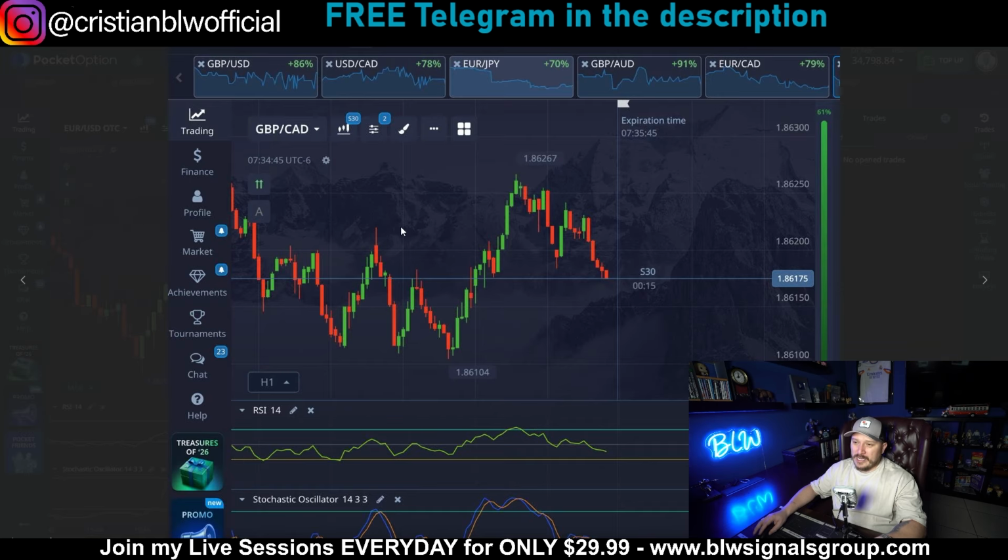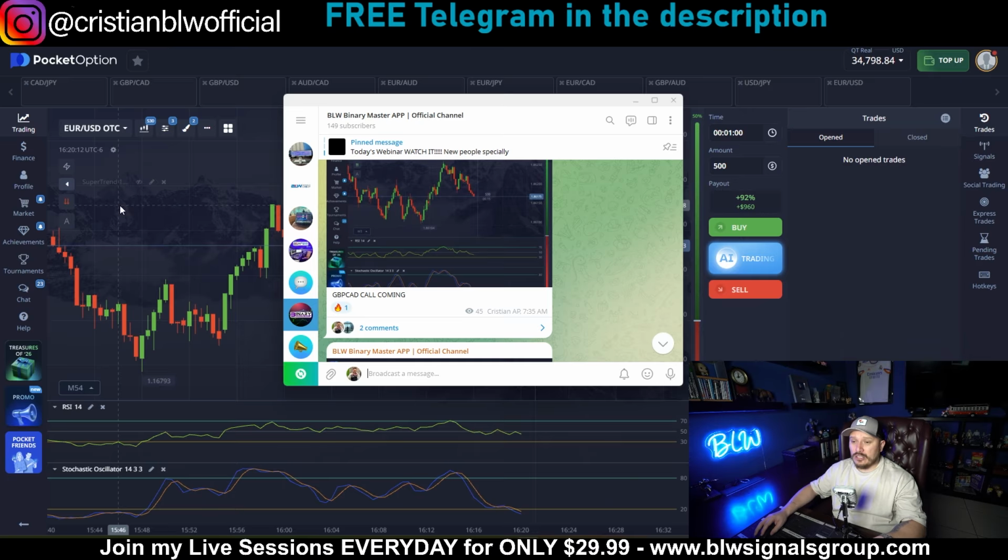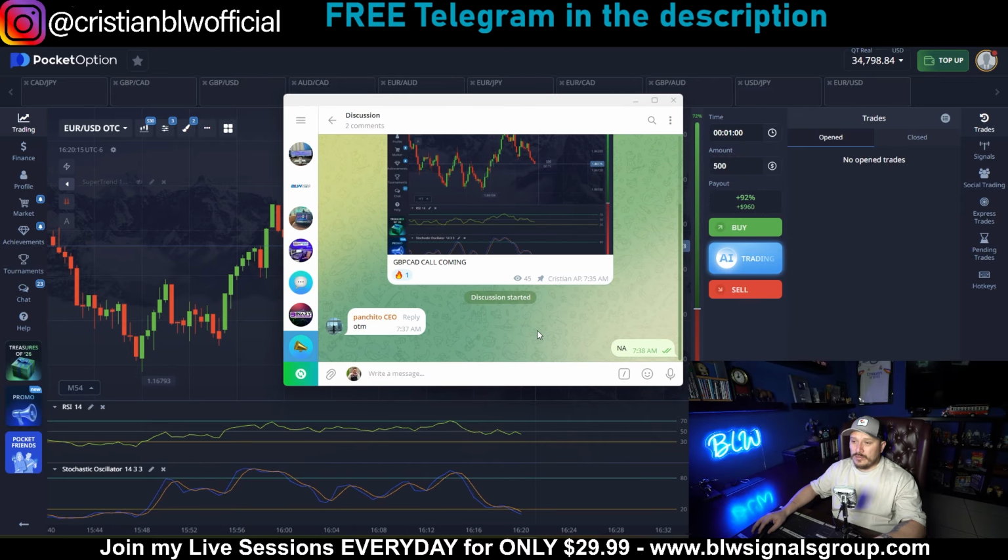Then another trade, I said GBP CAD call coming, and as you can see, I was waiting for the 30 RSI to be reached on the chart, and since it wasn't reached, I put not applicable. This person said out of the money, which means it was a lost position, but it's not applicable. Why?